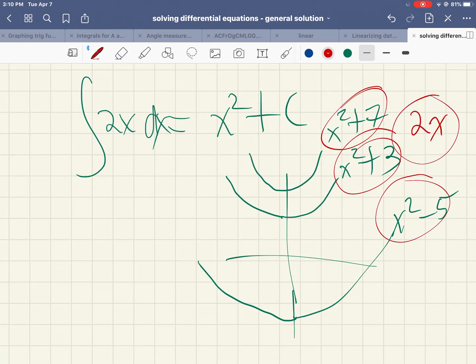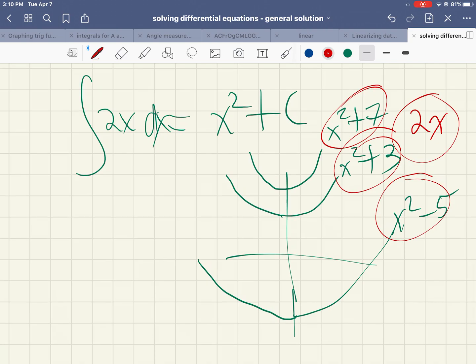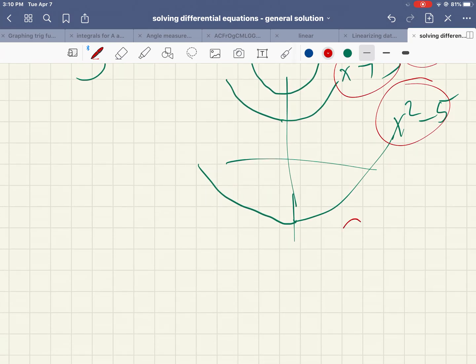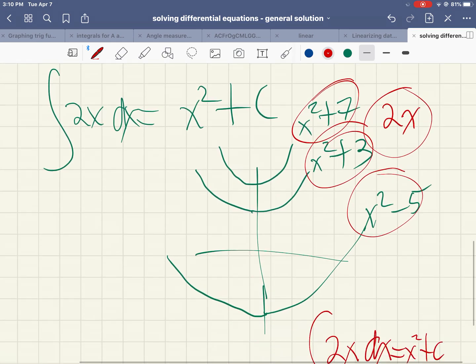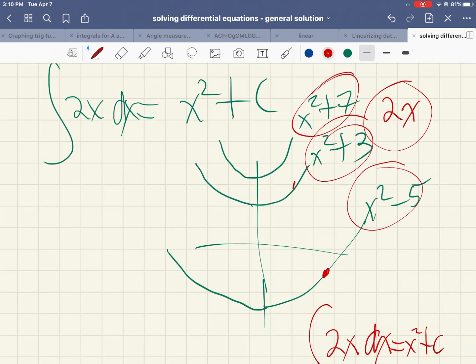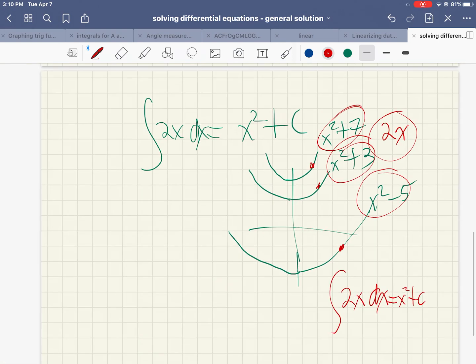It's 2x, right? So the integral of 2x dx is just x squared plus some constant c, because I don't know what the constant was. If I knew a specific point on the curve, then I could easily get it. Okay, that's where the c comes from.